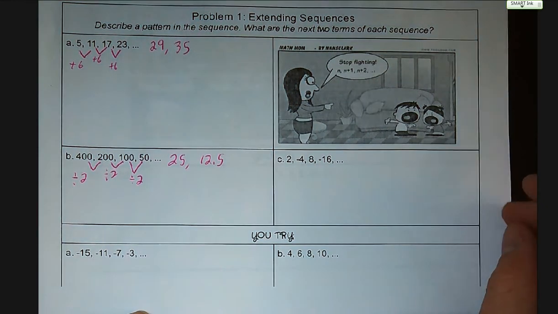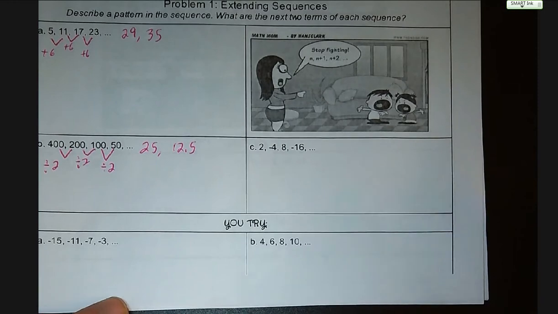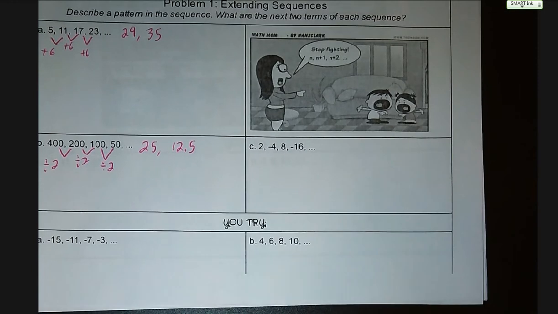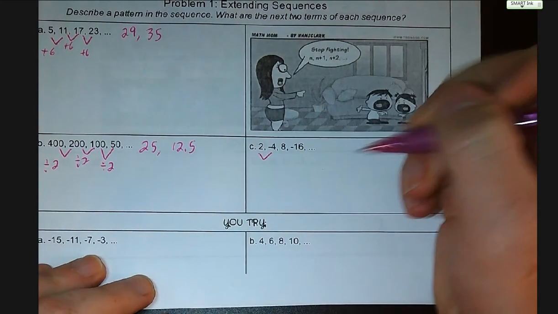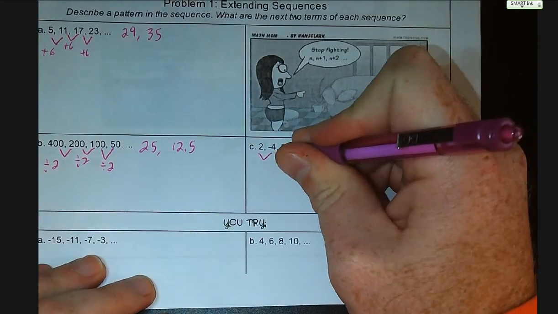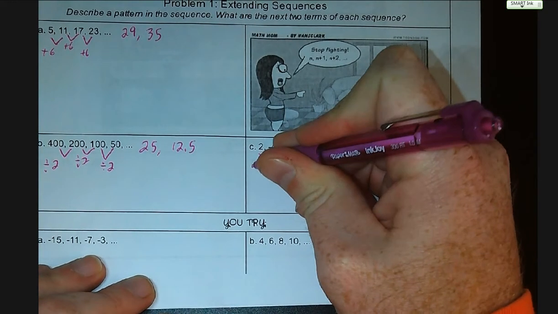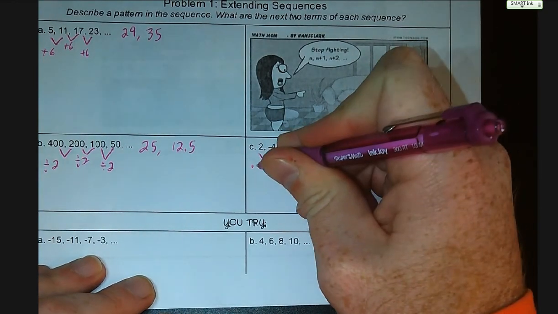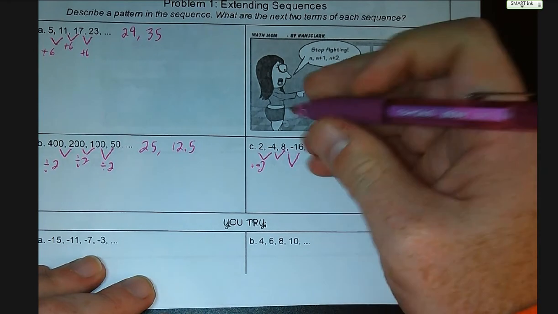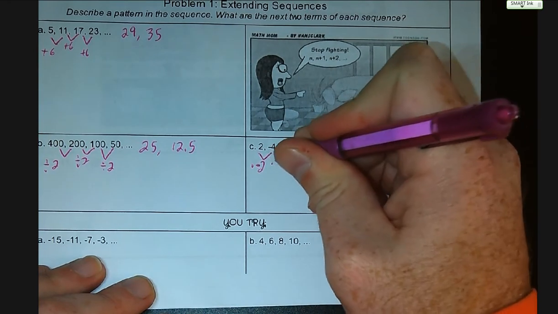Letter C, this one's a little bit difficult. We've got some negatives in here, so we're jumping around. It's not just a steady pattern of adding or subtracting a number. First, we go from 2 to negative 4, then to 8, and then to negative 16. The big takeaway on this one: to go from 2 to negative 4, we have to multiply by negative 2.